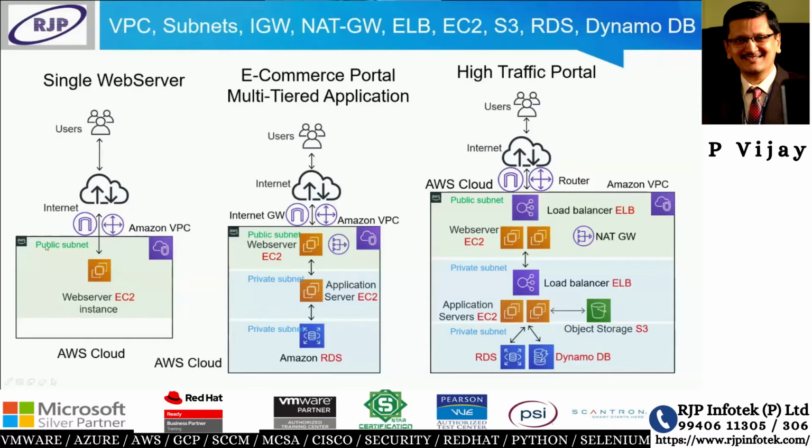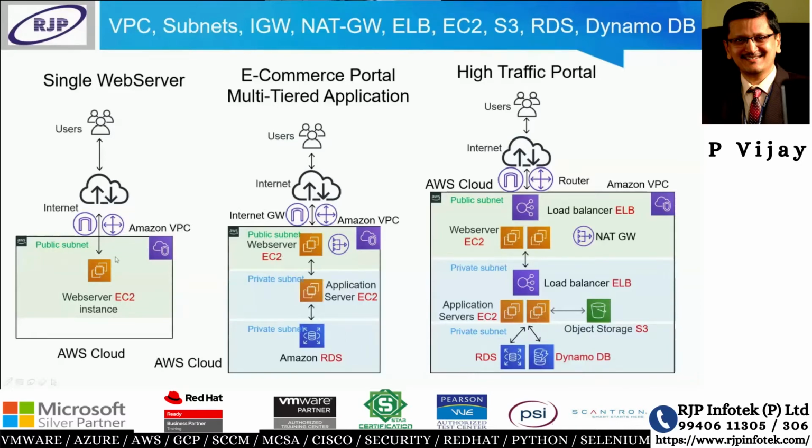So I create one or more subnets or networks within my private cloud. I provision my server, the web server. AWS calls it the EC2 or Elastic Compute Cloud. That's the name given by AWS to the virtual machine that is provisioned inside the AWS cloud. Okay.